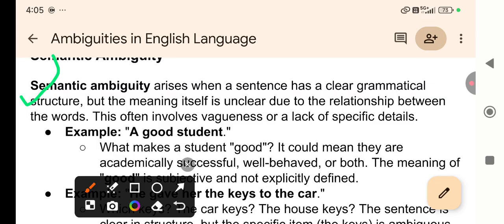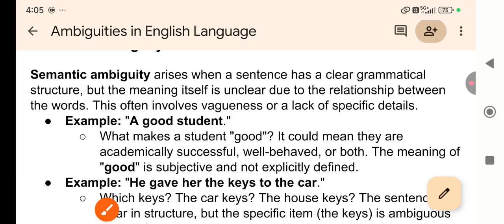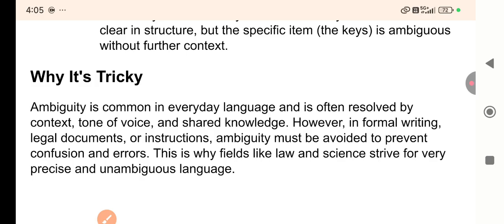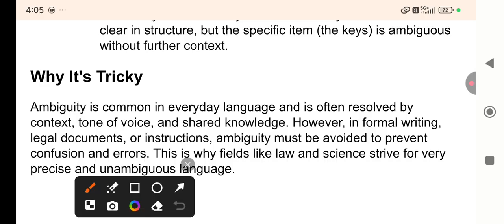Semantic ambiguity means when meaning changes. Okay. Now, why is it tricky? Ambiguity is common in everyday language and is often resolved by context. So, how to resolve the ambiguity? Context, tone of voice, and shared knowledge. Three things are very helpful to reduce ambiguity.